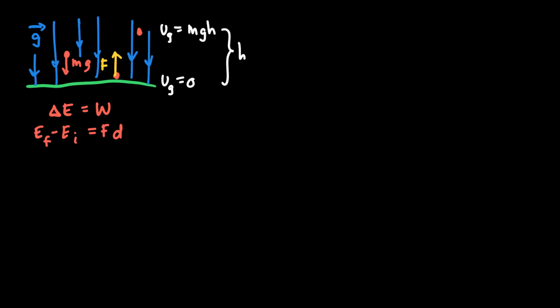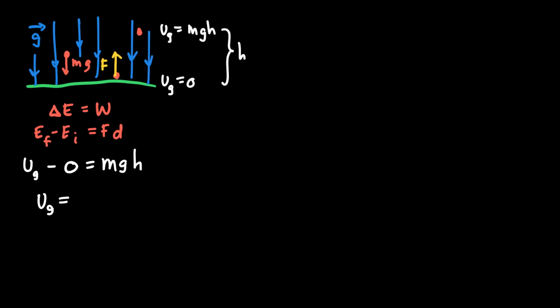Because I defined the height equal to 0 on the ground, the initial energy is equal to 0. The final energy is gravitational potential energy. The force that I exerted in order to lift that object is equal to mg, and the distance over which I exerted that force is h.